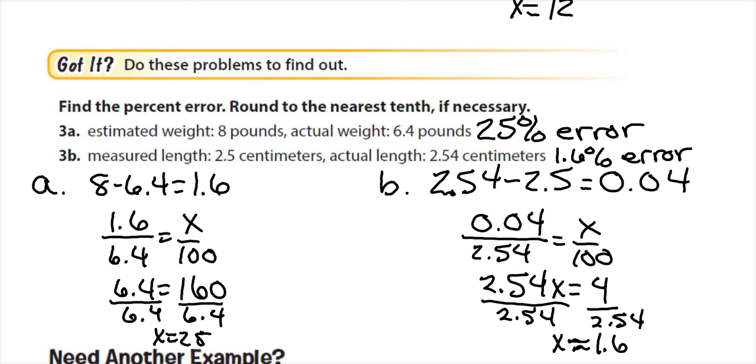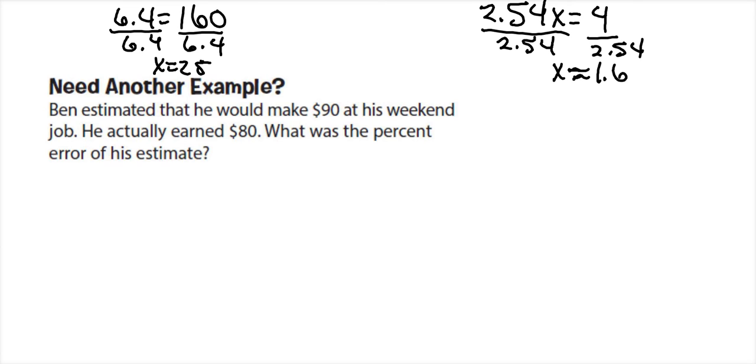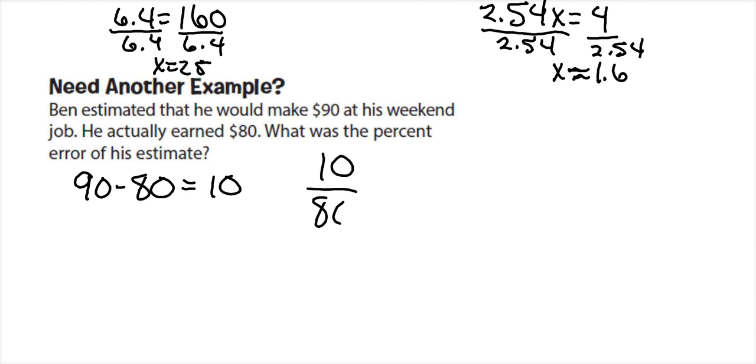All right, let's look at another example. It says Ben estimated that he would make $90 at his weekend job. He actually earned $80. What was the percent error of his estimate? Again, it's going to be the change, so it's the high minus the low, so that'll be 90 minus 80, which would be 10. It says he actually earned $80, and then we're finding the percent, so that's x over 100, so that's going to be 80x equals, and then add a 0 on, so that's 1,000.